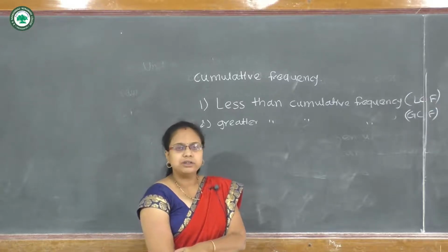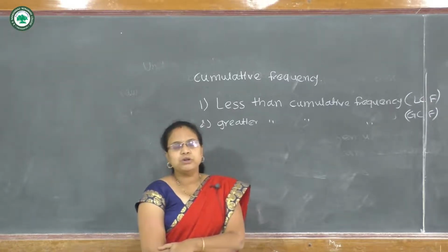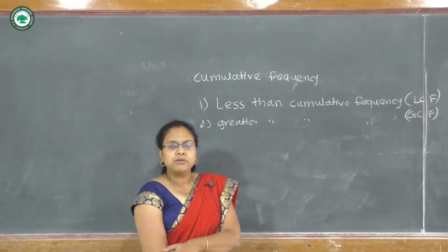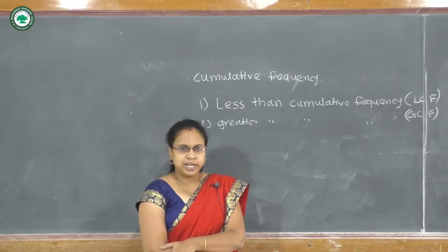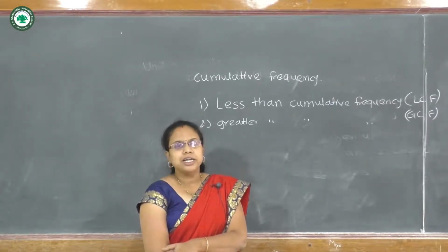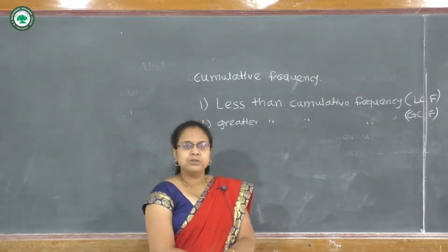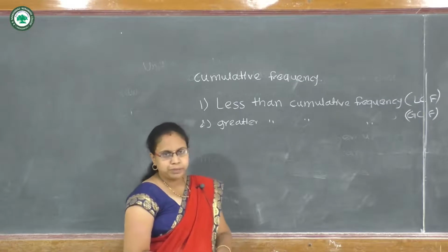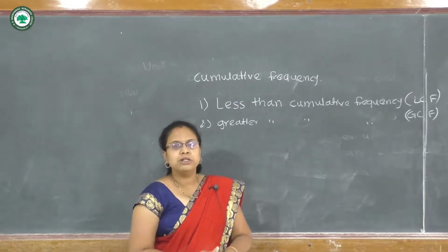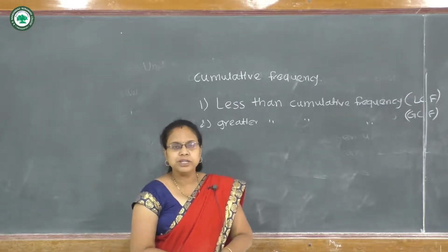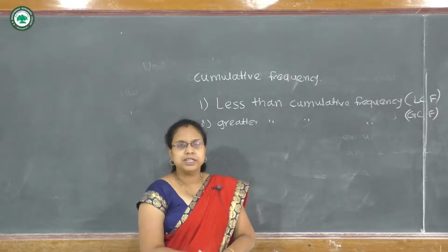Let's see one more example. Suppose we are doing a survey and we want to obtain the number of people below poverty line. So we will take the income of the particular area and we can find out the number of people who are below a certain range. Suppose we decide the range, that is 10,000.